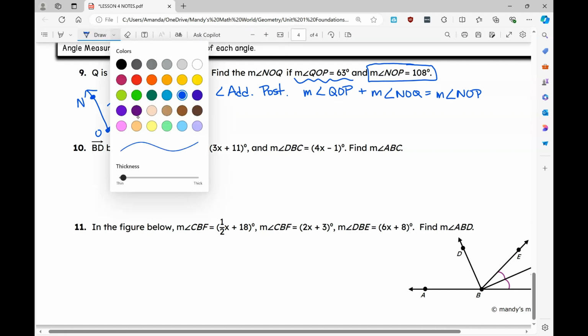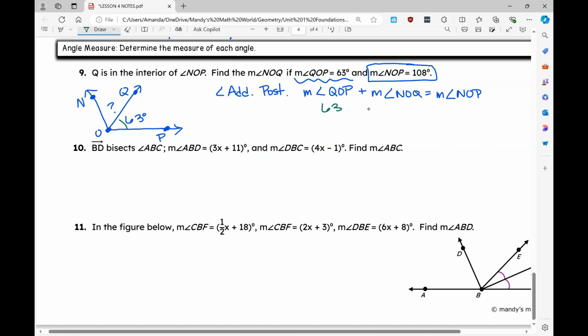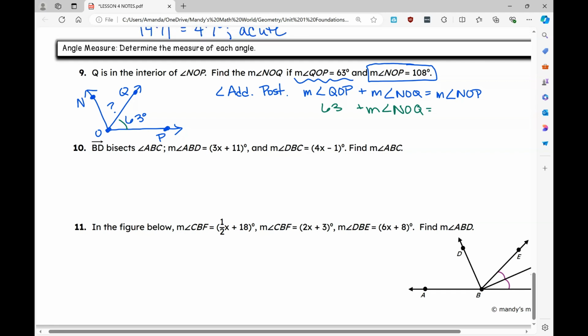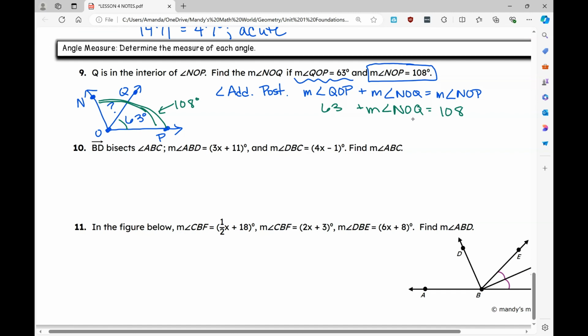Well, I know the measure of angle QOP, that's right here, that's 63 degrees. I do not know the measure of angle NOQ. That's actually what I'm asked to find, equals the measure of angle NOP. Well, this entire thing right here is 108 degrees. So that's 108.